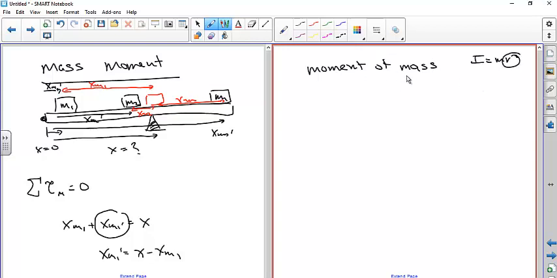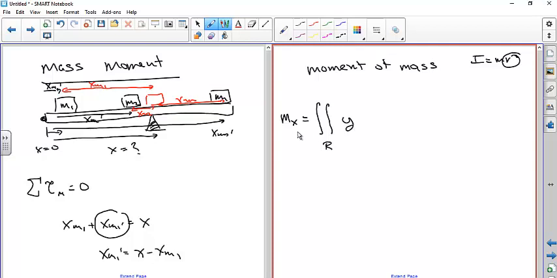When you do the moment of mass, it's not squared, it's just multiplied by the distance. So what we end up with is this quantity, which we call a mass moment with respect to the x-axis. And that's the double integral over the region of y, which is the distance from the x-axis.